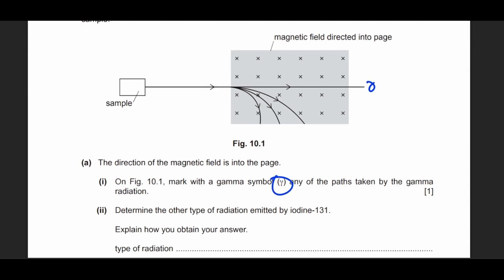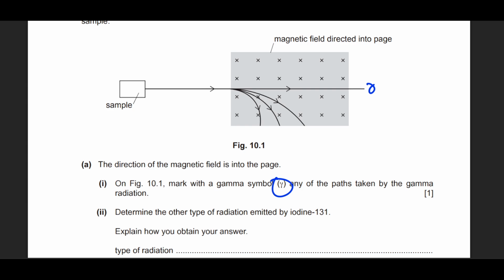Now for this, you have to use the left-hand rule, right? We have the magnetic field, so the first finger will be pointing inwards because that is the direction of the magnetic field. We can't see the second finger right now, but the thumb, the direction of force, appears to be in this direction, which means the thumb will be open in the downward direction. This is your first finger.